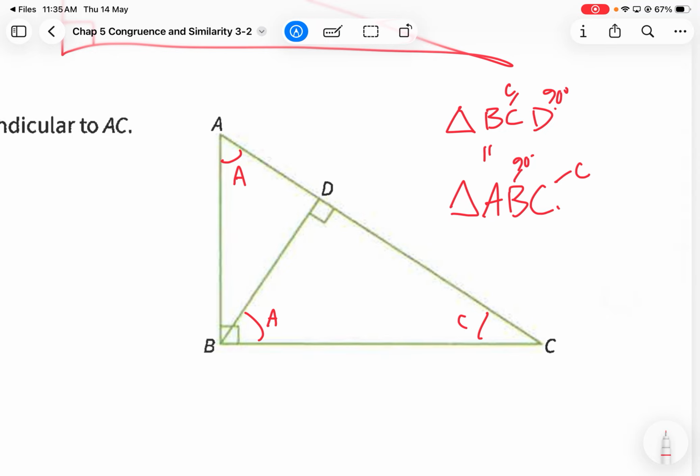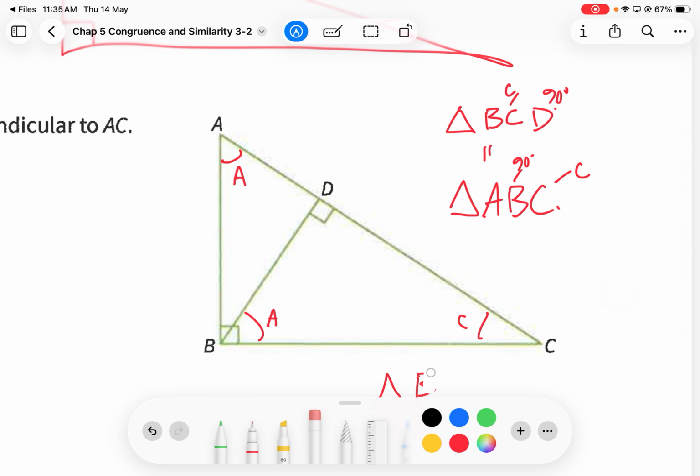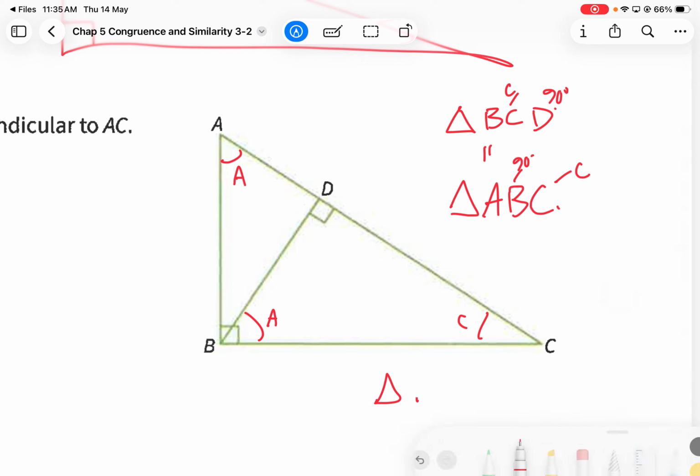So can you see that in these two right angle triangles, all their three angles are the same. So actually I can say, let us start with the big one, that triangle ABC is similar to triangle BDC, because their angles are all the same.